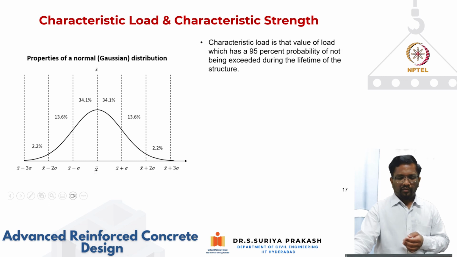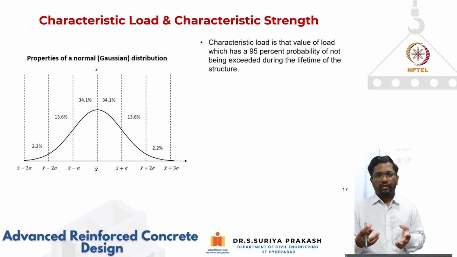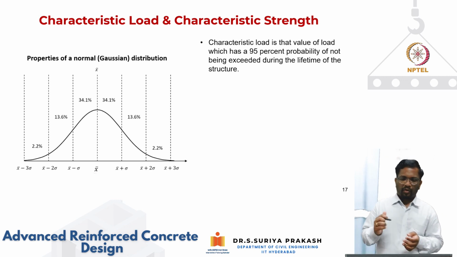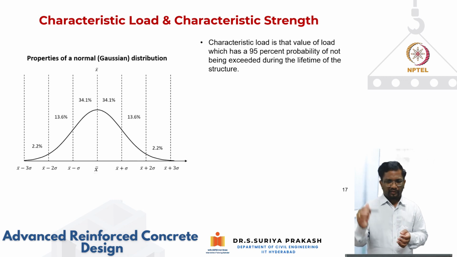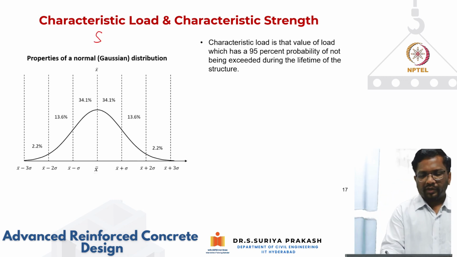Right. So now, as I said, there is going to be variability in the load and variability in the material strength. Ideally, as we have seen in the previous slides, load effects have to be less than resistance.